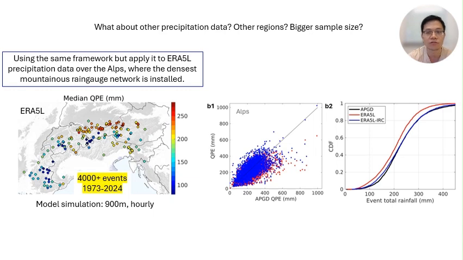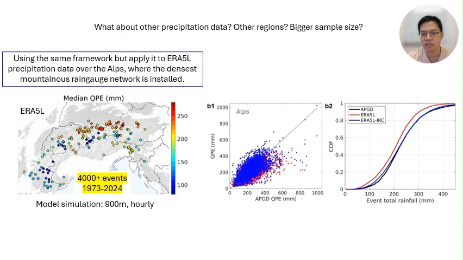We didn't do this for 250 meter because of computational constraints, but what we see here is that the ERA5L is underestimating, is below the 1-to-1 line for most of the rainfall events here. The APGD is a reference here on the x-axis. APGD is a rain gauge only gridded QPE dataset using about 8,000 rain gauges in this region. So we use APGD data for reference purposes.